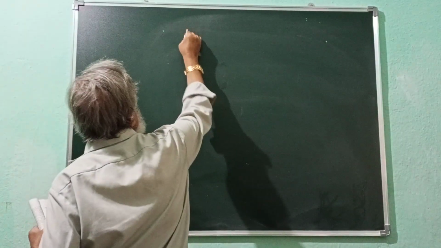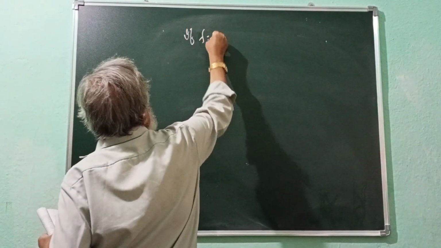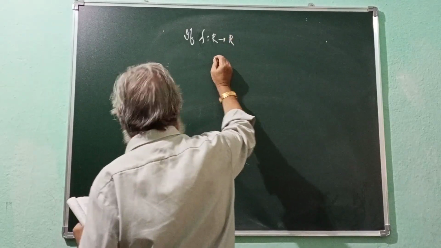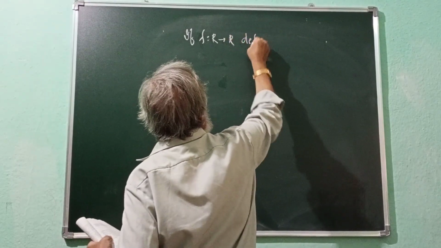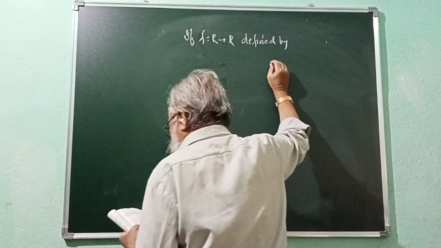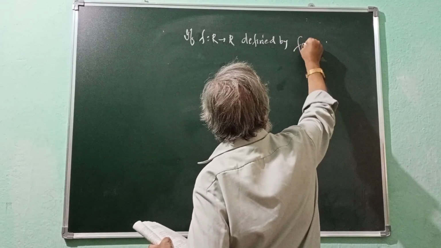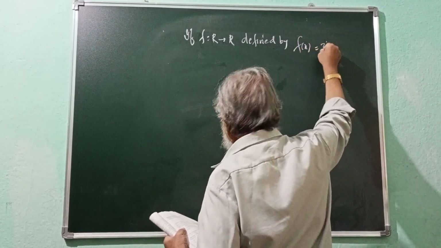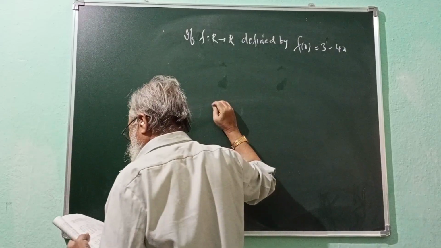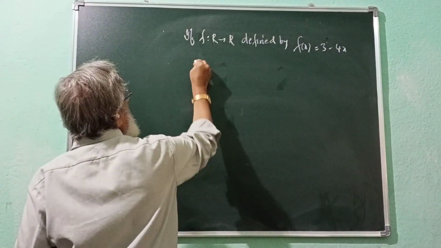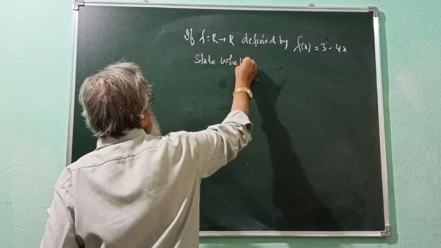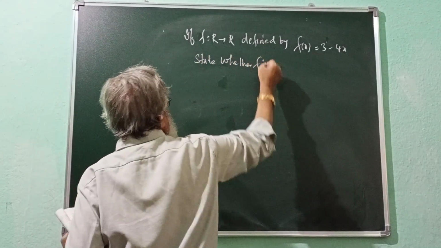If f: R to R is defined by f(x) = 3 - 4x, state whether f is a bijection.